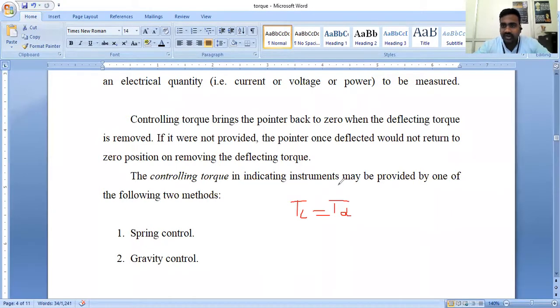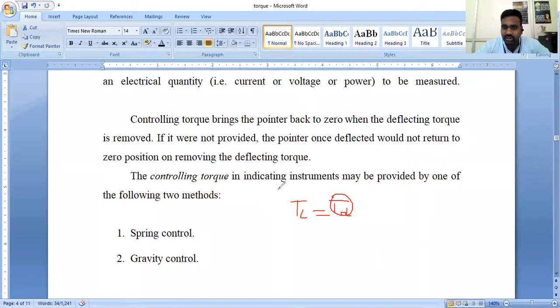It's good. So whenever there is a power off condition, what will happen when the supply is in off condition? The deflection torque is 0. Whenever the supply is 0, automatically the deflection torque will be 0.